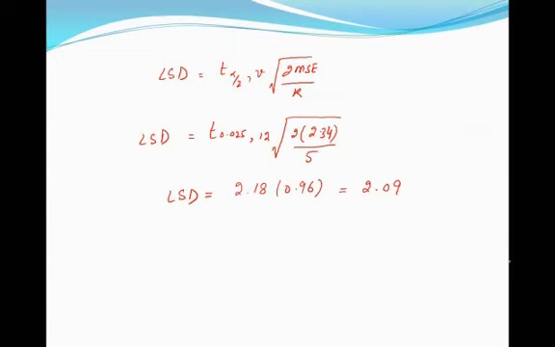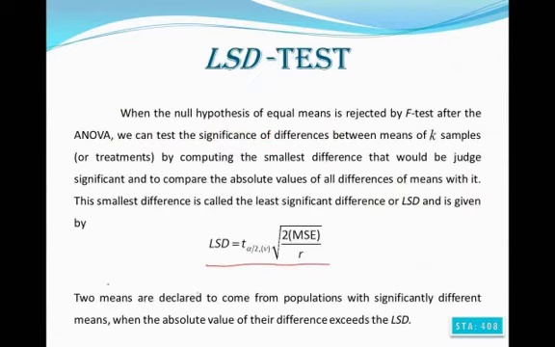और जब हमने इसकी डिटेल डिस्कस की है स्टार्ट में, here it is defined two means are declared to come from populations with significantly different means when the absolute value of their differences exceeds the LSD value. अब हमने LSD value भी find out कर ली है और absolute differences भी find out कर लिए. अब हम इनको compare करेंगे.